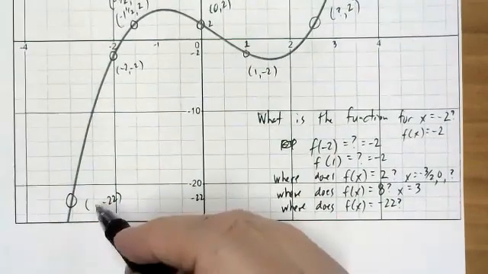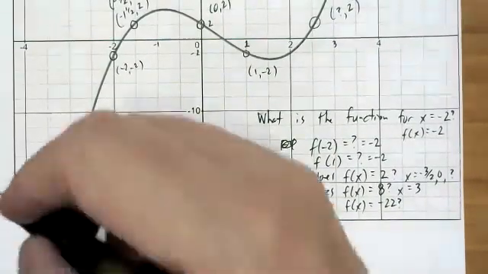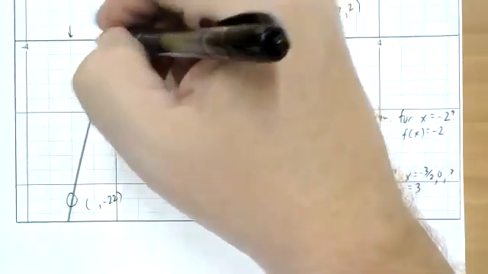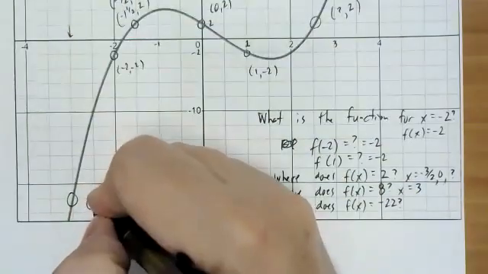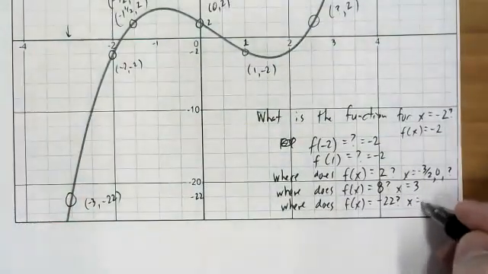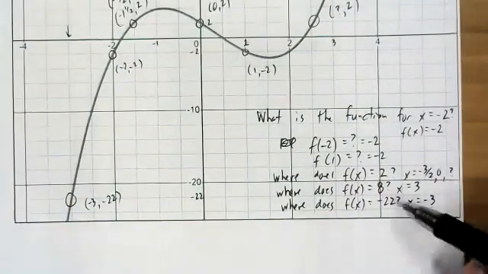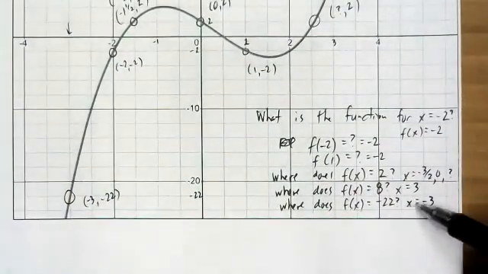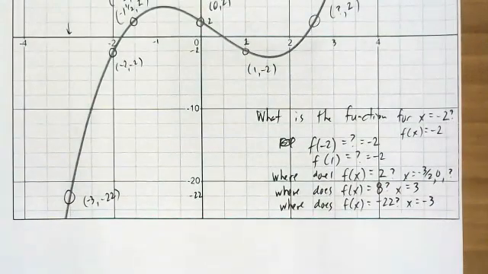So this point is x, negative 22. Well, what's x? When I go up to here, here's my x. Looks like it's minus 3. So where does the function equal negative 22? When x equals negative 3.